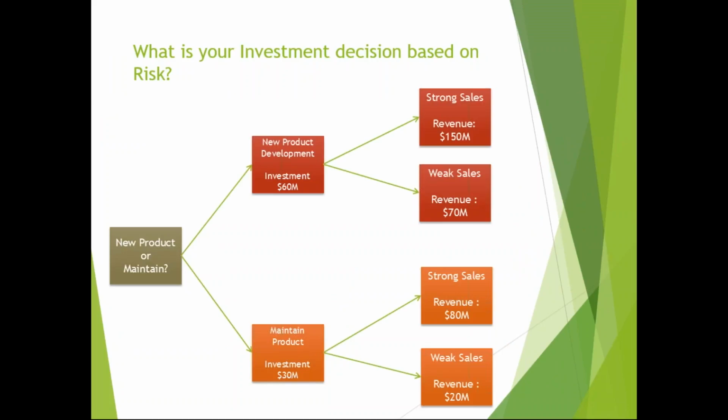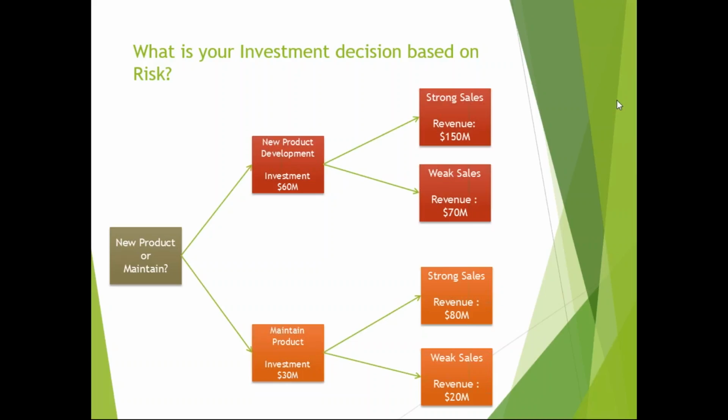They would ask you what your investment decision would be based on the risk given over here. How would we calculate it? What is given here are two options: should we go ahead and maintain the current product, or should we go for the new product?